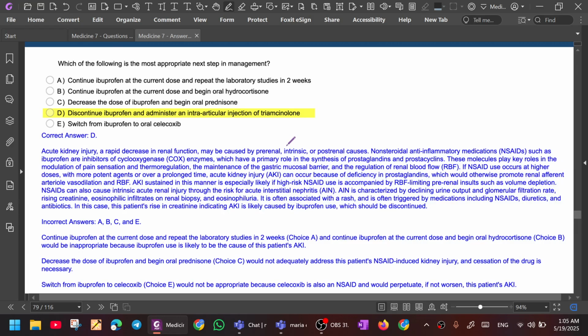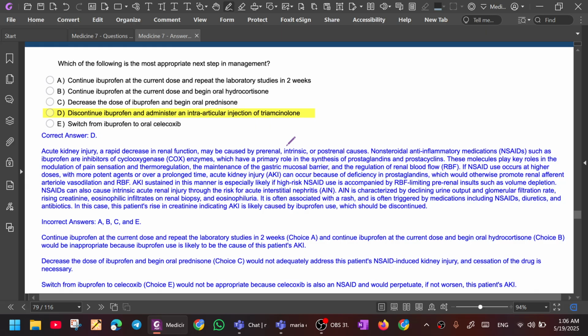AIN is characterized by declining urine output and glomerular filtration rate, rising creatinine, eosinophilic infiltrate on renal biopsy, and eosinophiluria.